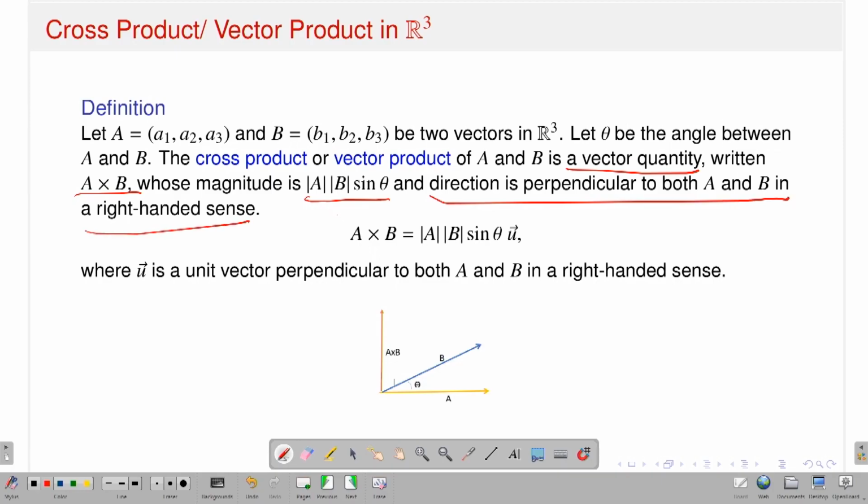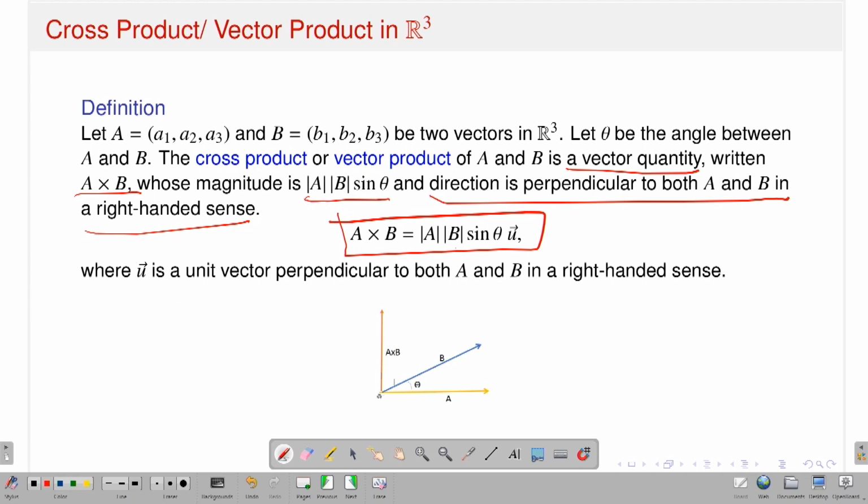So A cross B is equal to modulus A modulus B sin theta u vector, where u vector is a unit vector perpendicular to both A and B in right handed sense.